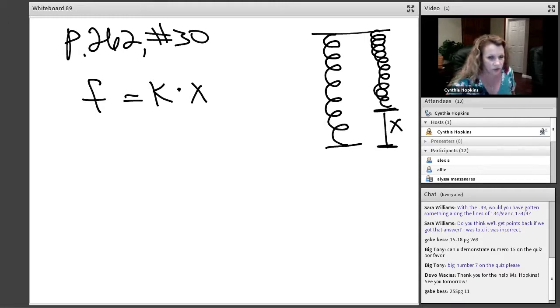It says, suppose a force, I'm going to write my information down here. Suppose a force of 16 pounds is required to compress a spring of length 28 inches. That's the original length. But I'm going to compress it to 26 inches. Then doesn't that mean my x equals 2 inches?